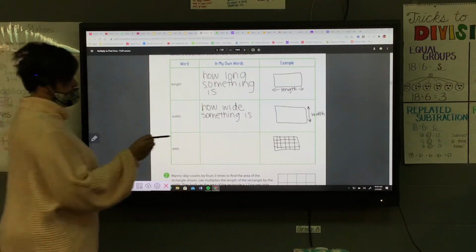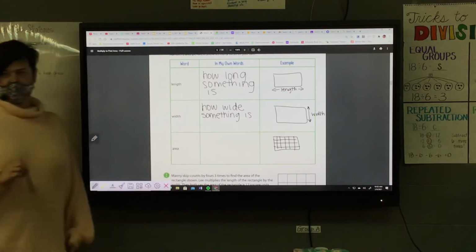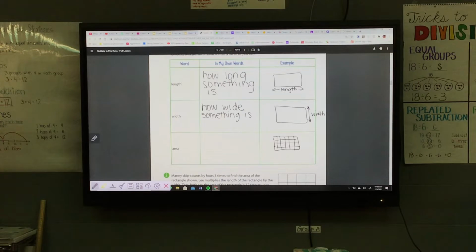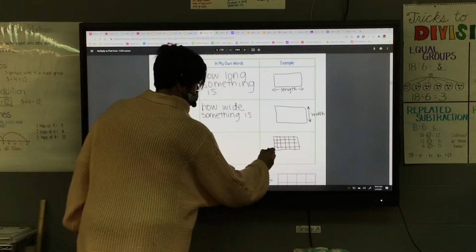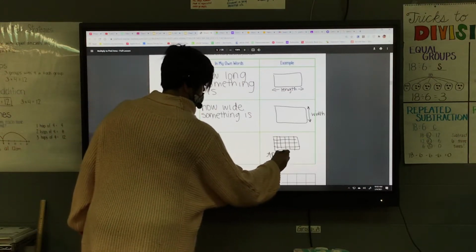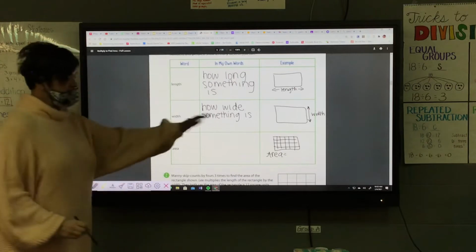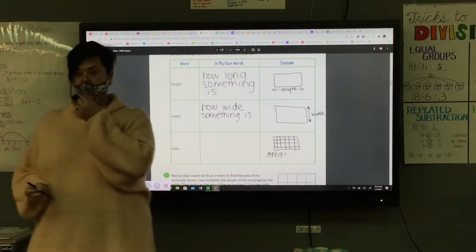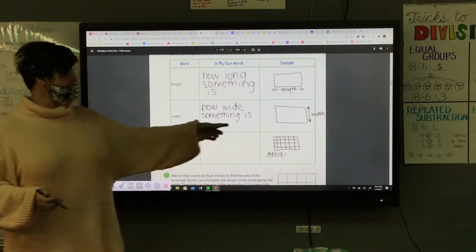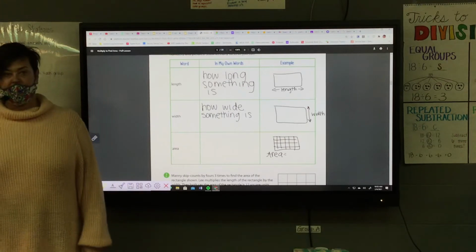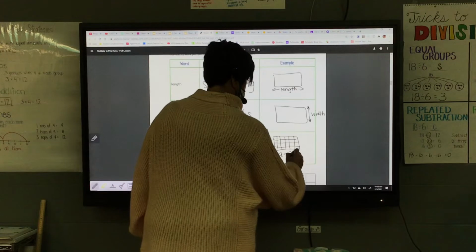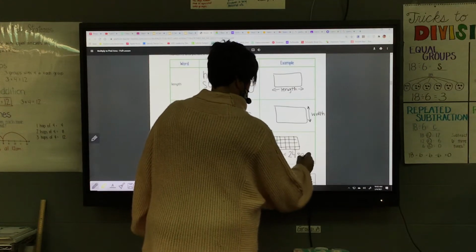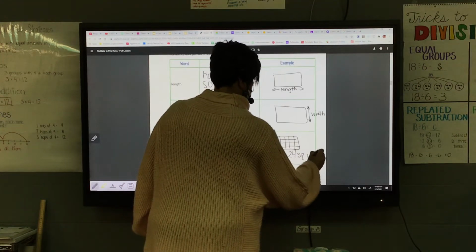I did a 4 by 6. If you want to make your own, that's fine. But if I did a 4 by 6 rectangle, what would my area of that rectangle be? 24 what? Square units.